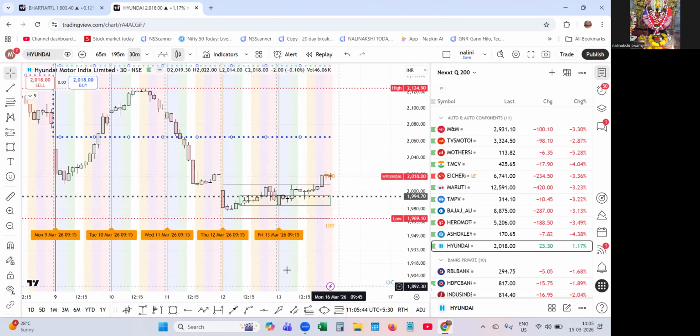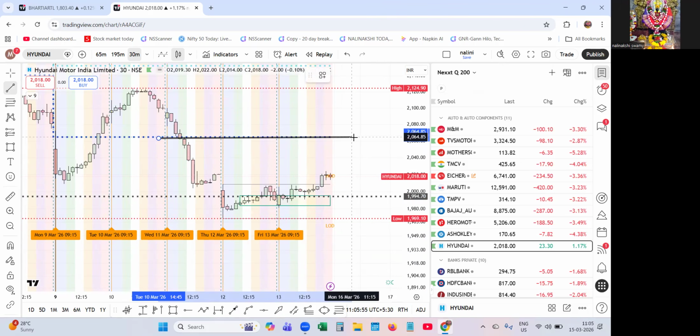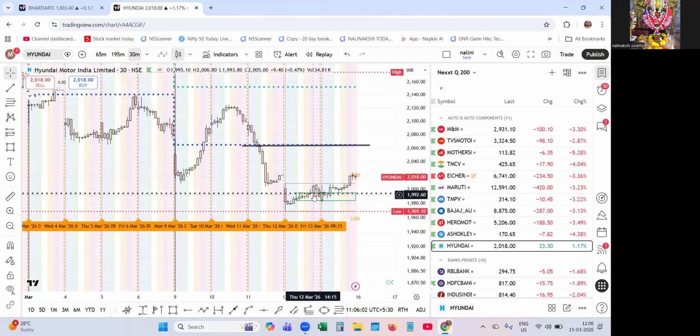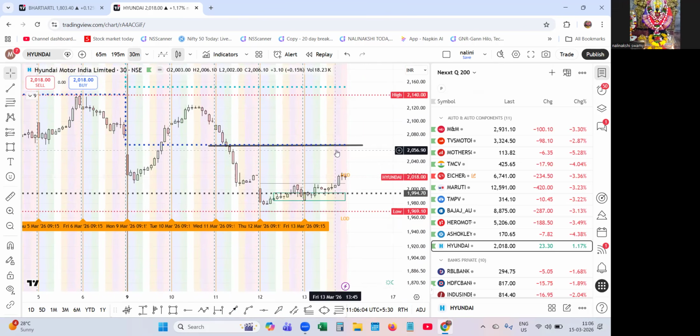You can see over here, breakout in there, and these are the levels, these two levels. This is the mid. This will act as guidance for you, resistance, and if it breaches this, it can travel up. It may be a reversal trade.